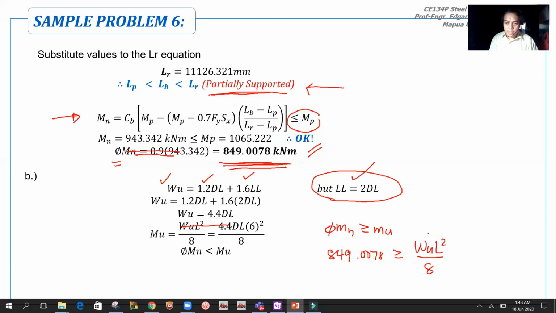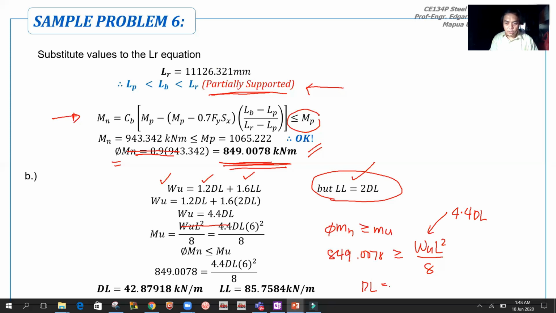Tapos yung W mo rito, ang lalagay mo dyan is yung 4.4 times the dead load. So, ibig sabihin, from there, you could solve for the dead load. And dead load dyan is, ayan, 42, this one. Ito yung dead load. Tapos times 2, yun yung live load. So, yan na yung pinakasagot mo.